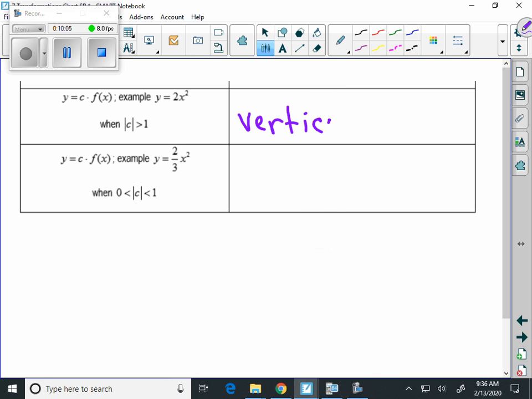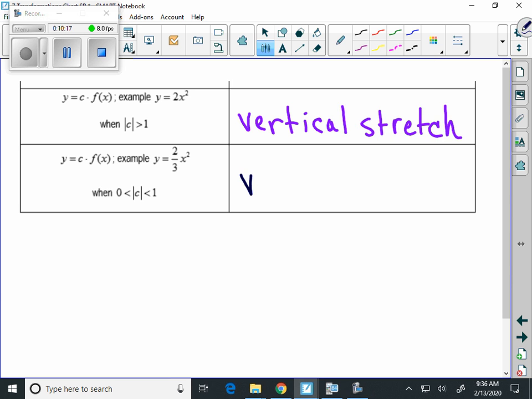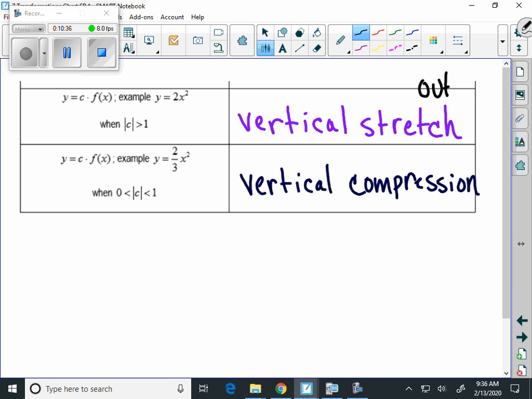And if it's between 0 and 1, then it's going to be a vertical compression. Again, if you're used to my outside and inside comments, these are both going to be outside of the function.